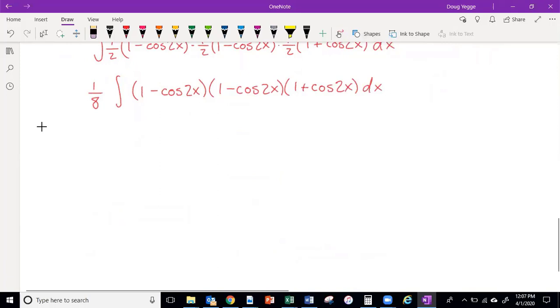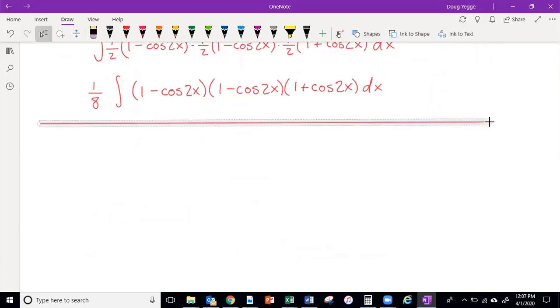We're about out. I wanted to mention before we head out, though, that sometimes you'll see some problems involving tangents and secants. I want to mention a couple of things just to give you some tips.